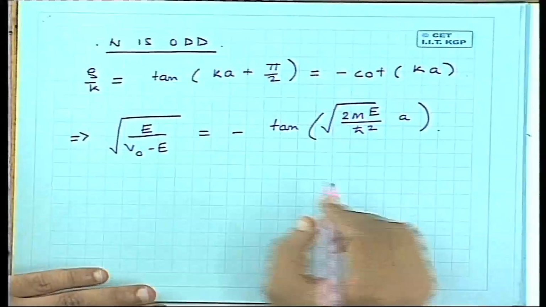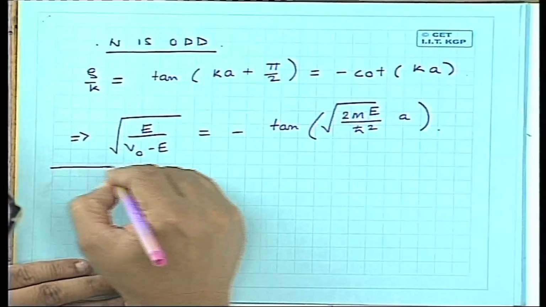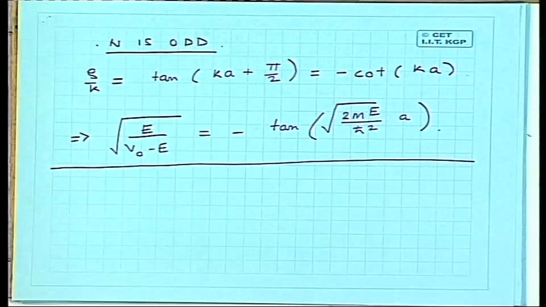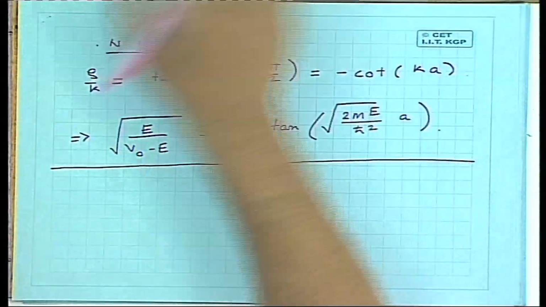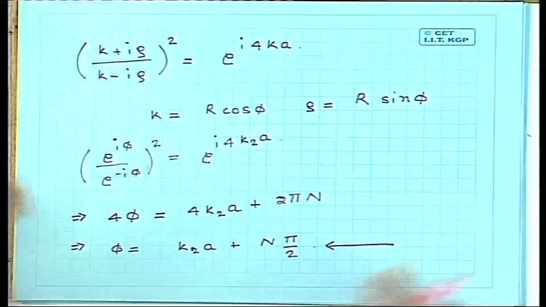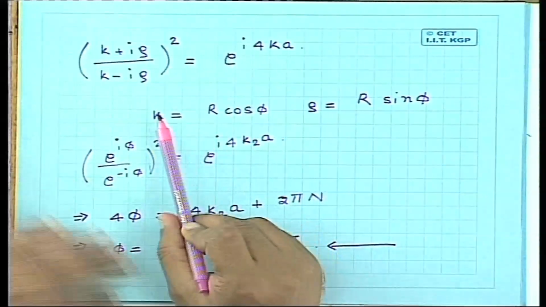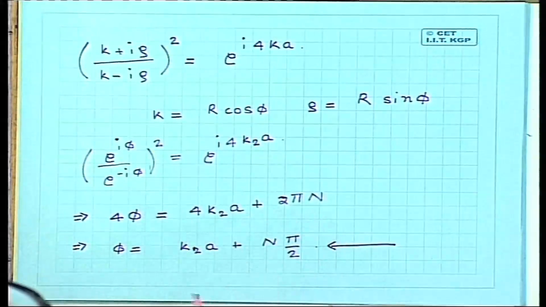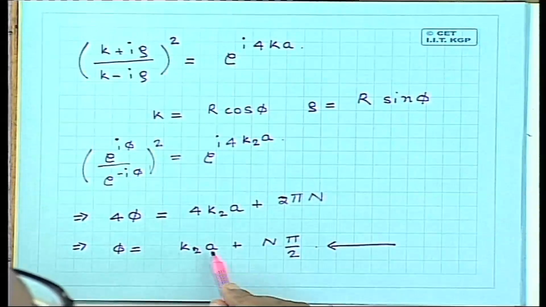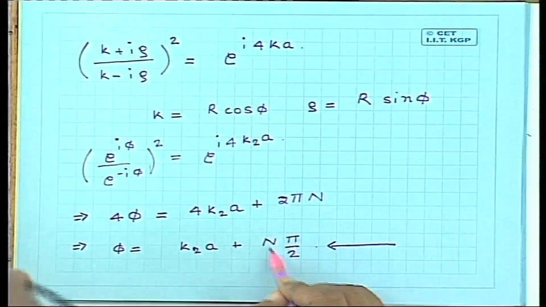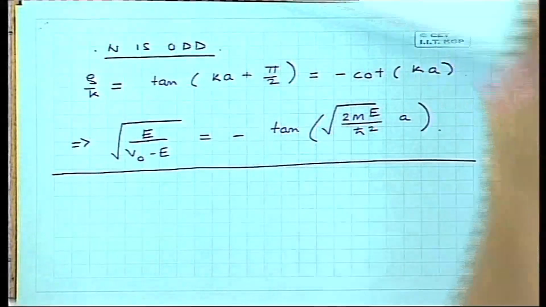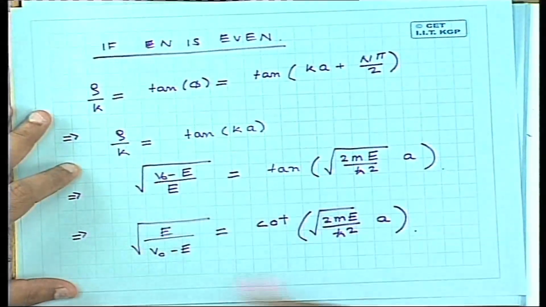So we have to consider two kinds of situations. There are two possibilities for the solution, and the two possibilities are this: the ratio of rho by k, if you write it as some tan phi, then phi can either be k into a plus n pi by 2, where n is either even or odd, and if it is even, then it has to satisfy this relation.